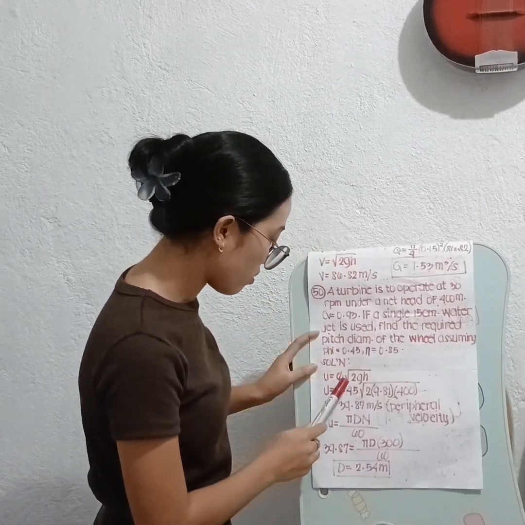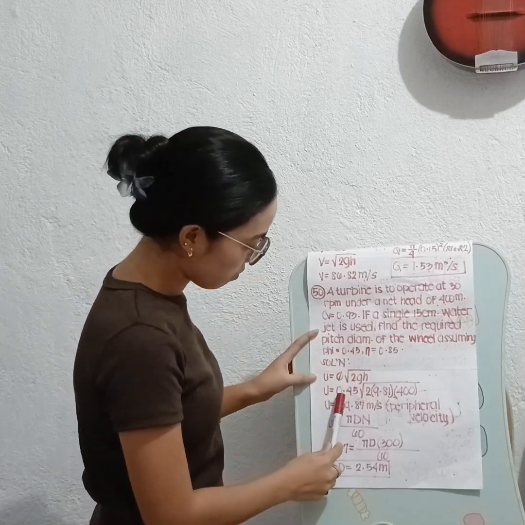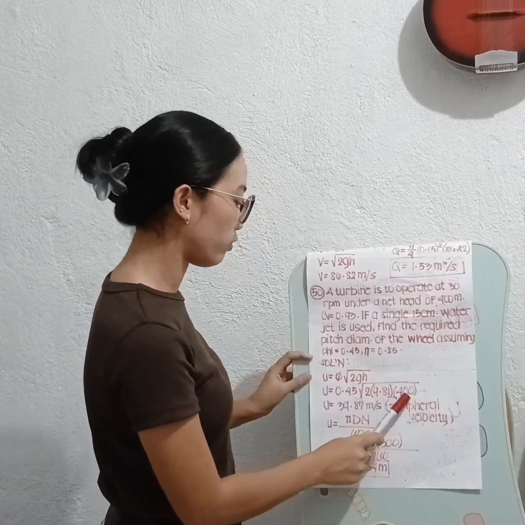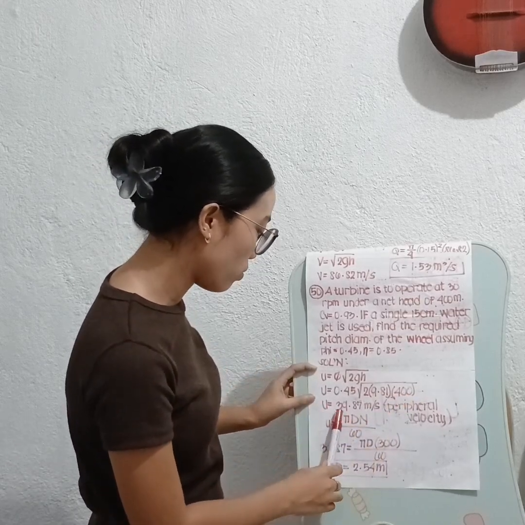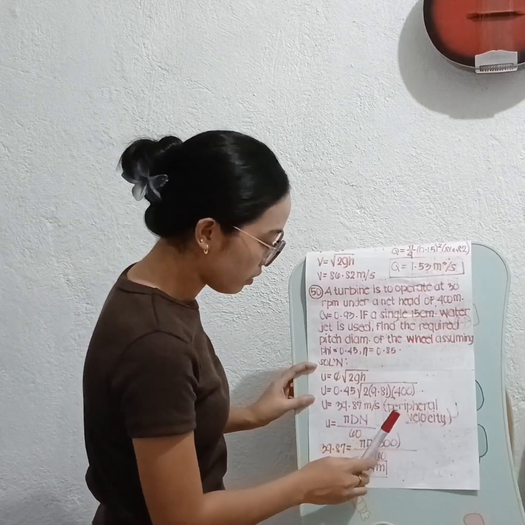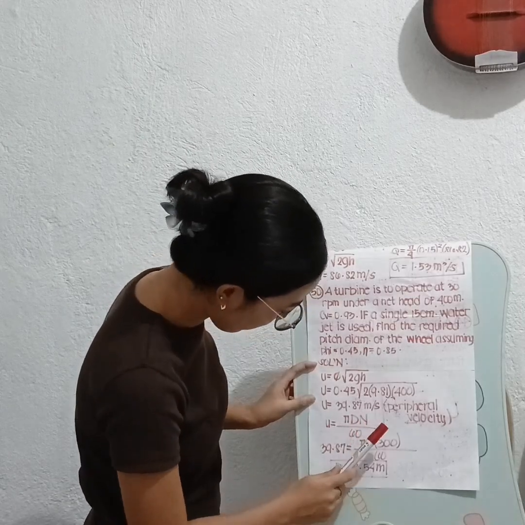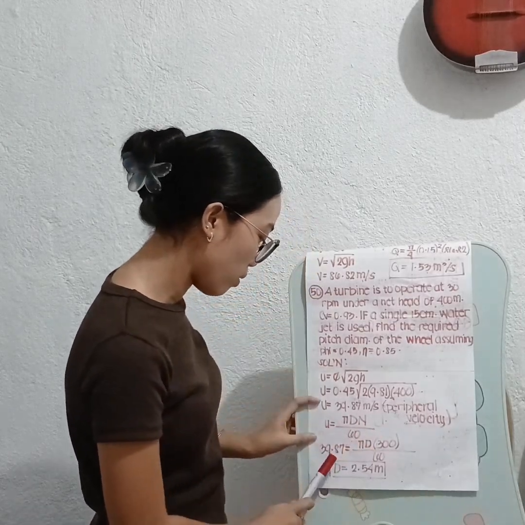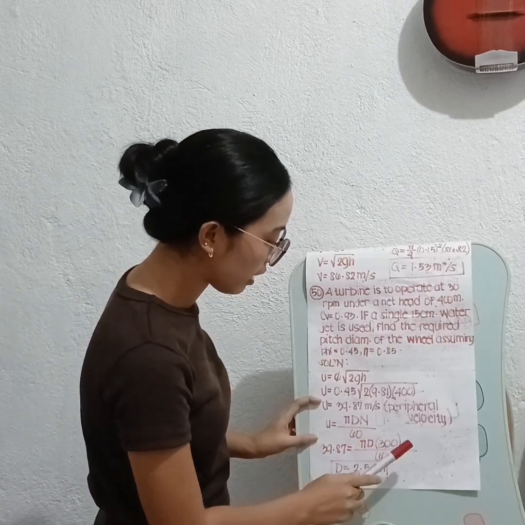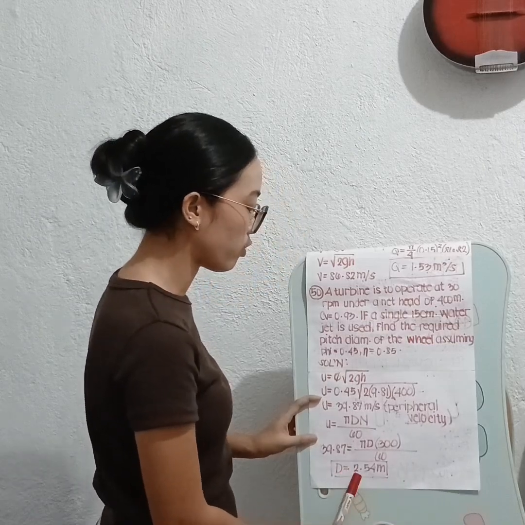So U is equals to 0.45 square root of 2 times 9.81 times 400. So our U is equals to 39.87 meter per second. Then U is equals to pi d n over 60. So our U is equals to 39.87 equals pi d times 300 over 60. So we have our D is equals to 2.54 meters.